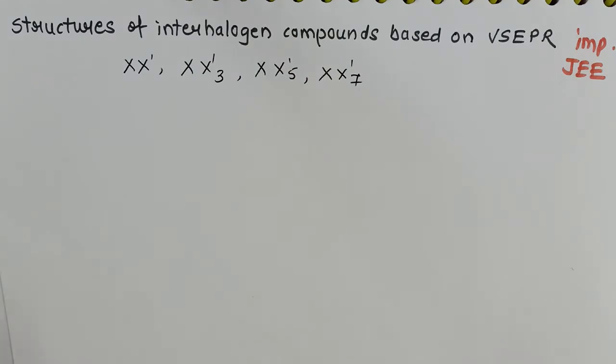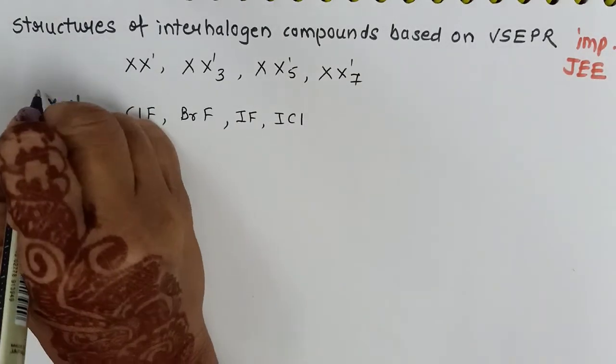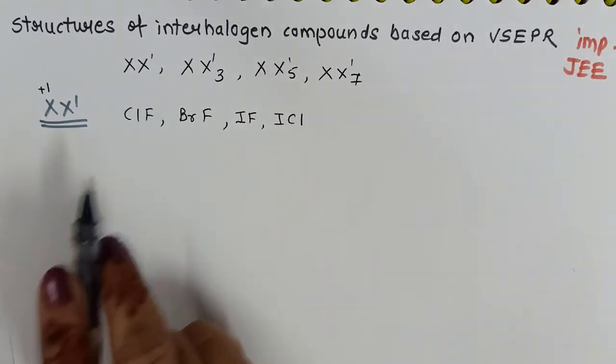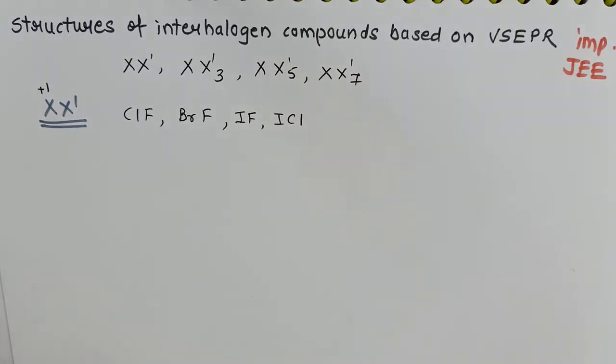We have to discuss the structures and examples of all these compounds. So let us begin with the first one, XX', where X, that is the halogen with larger size, will have +1 oxidation state. For example, ClF, BrF, IF and ICl.